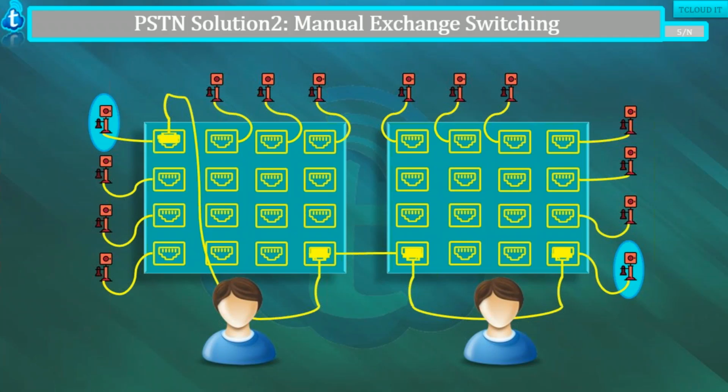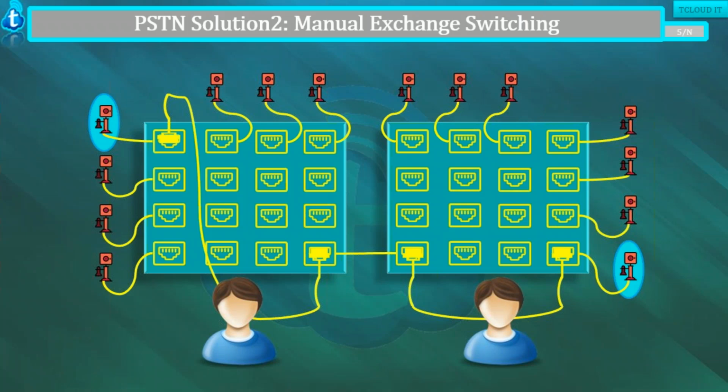Ultimately, it doesn't matter how many exchanges we are going to have, or how many joints we are going to link up to create one circuit or one loop between two end devices. Ultimately, you must have a circuit, whether that has three joints or five joints.